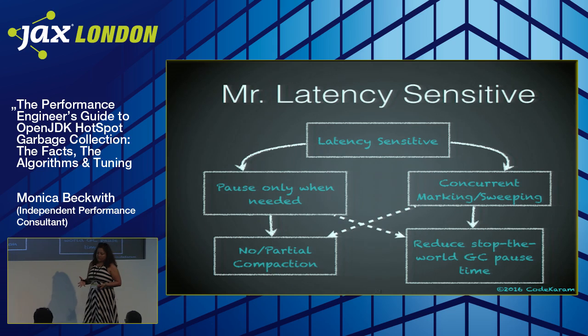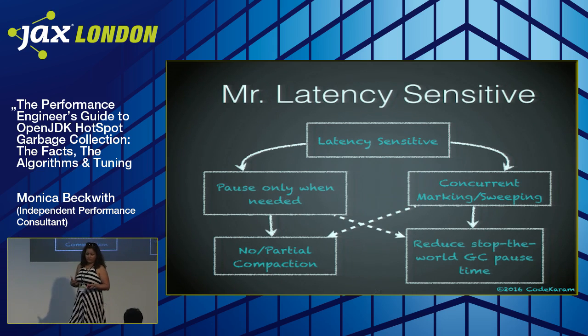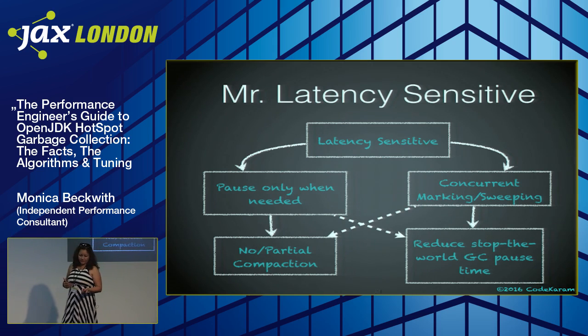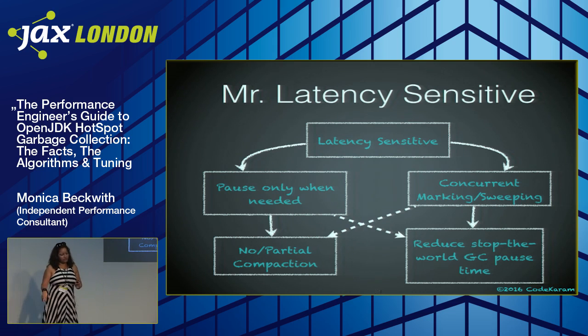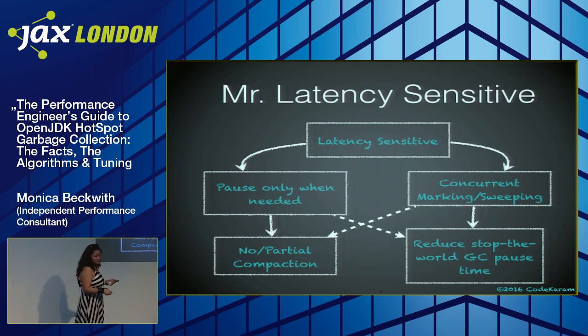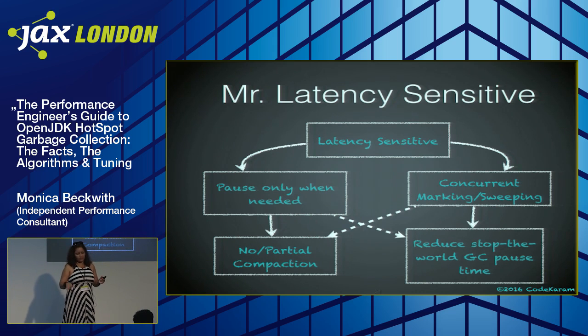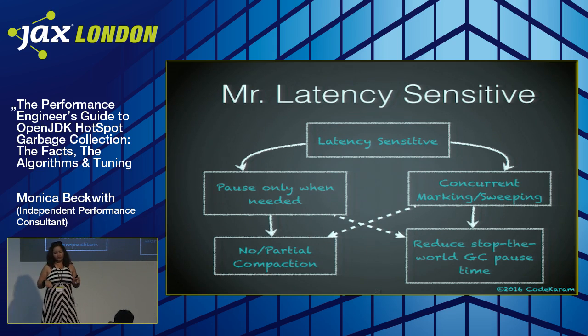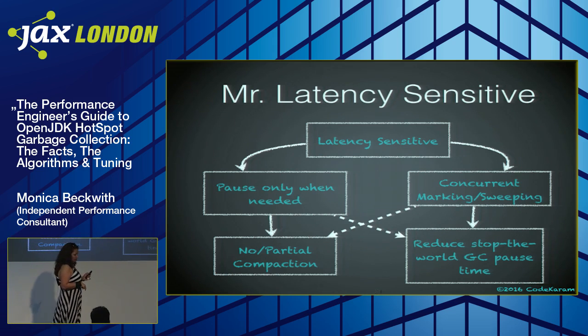So if you look at the design in OpenJDK HotSpot, the concurrent mark and sweep, the CMS collector, does no compaction and also does concurrent marking, which reduces stop-the-world pause time during the remark phase. G1 GC also falls somewhere here, okay? It does partial compaction and also has concurrent marking.